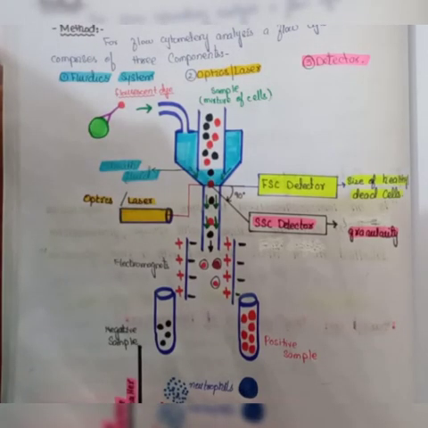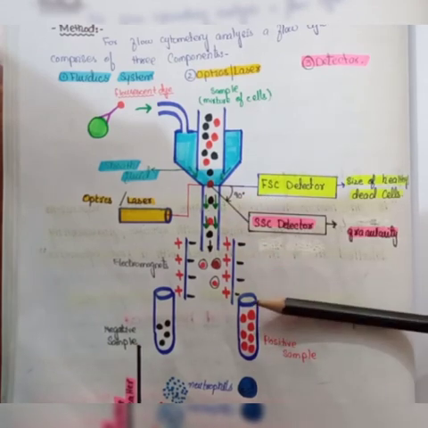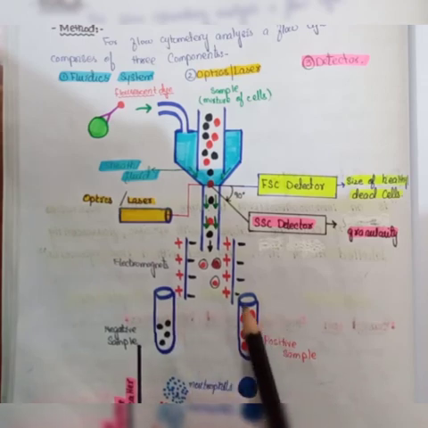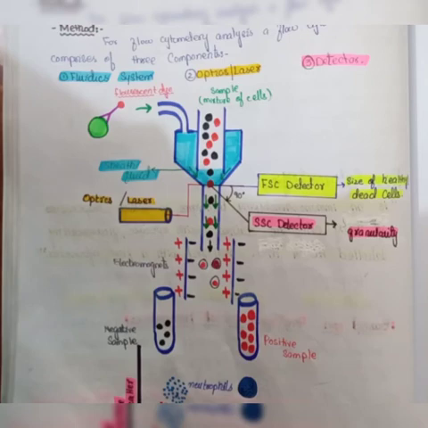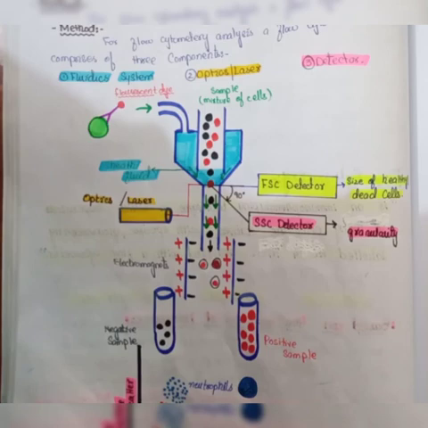After passing through the laser light, we also have some deflecting plates in our machine. One plate is positively charged and the other plate is negatively charged. The cells that are positively charged will divert to the negative plate, while the cells that are negatively charged will divert to the positive plate. And these positively and negatively charged cells are collected in collection tubes and segregated one by one.